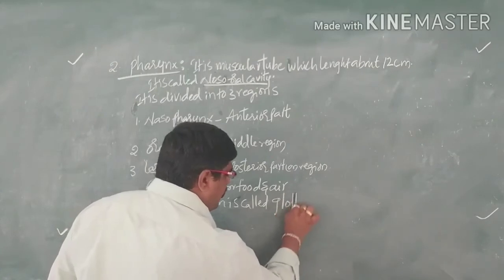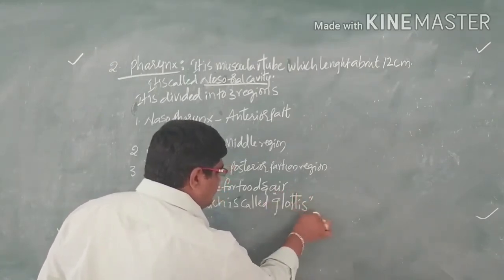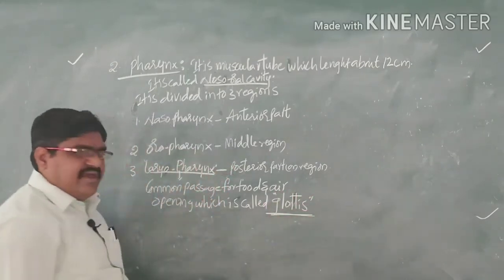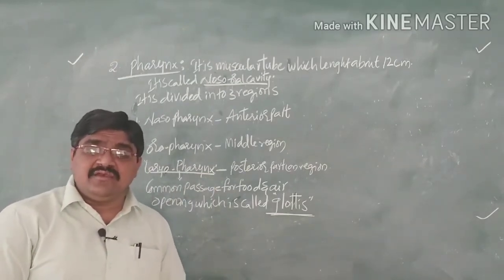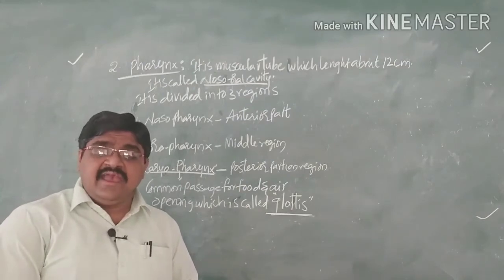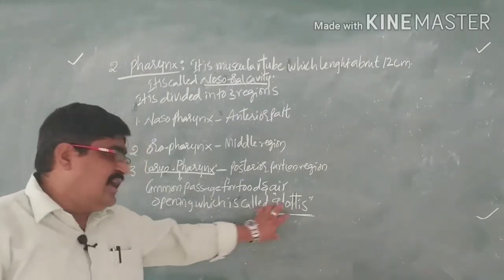What does glottis mean? The opening presenting above the larynx, at the bottom of the laryngopharynx, is called the glottis.